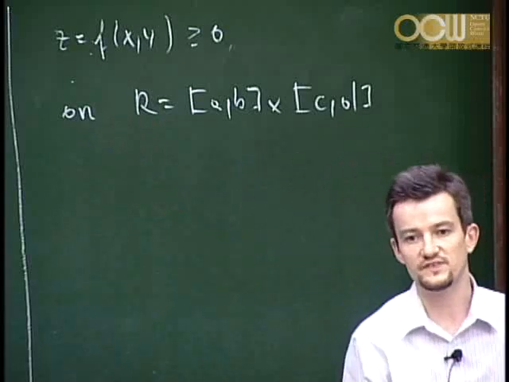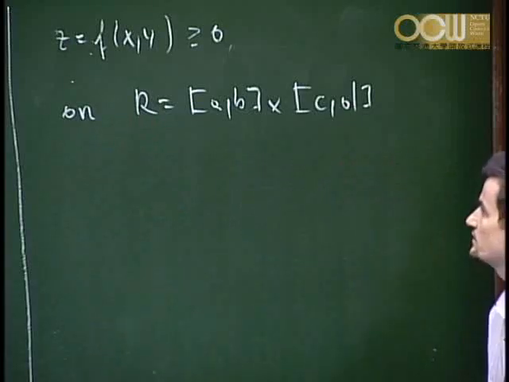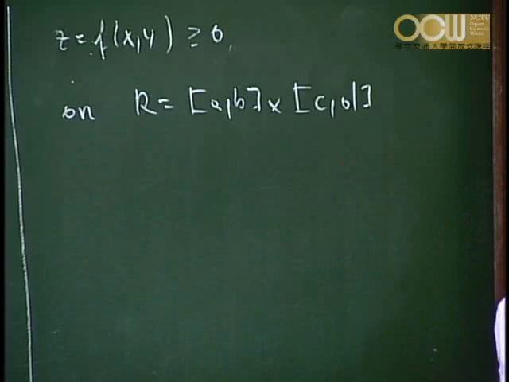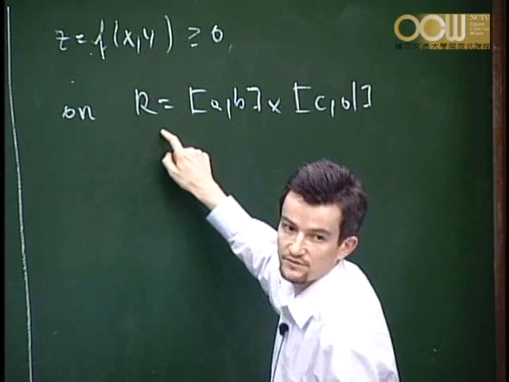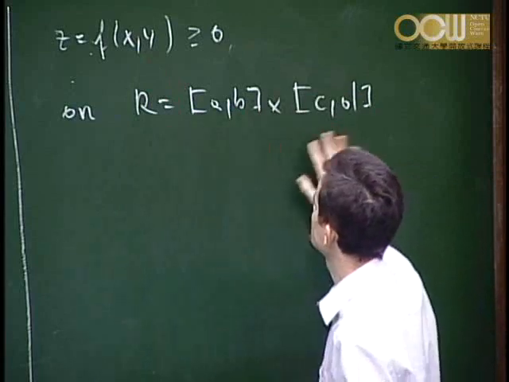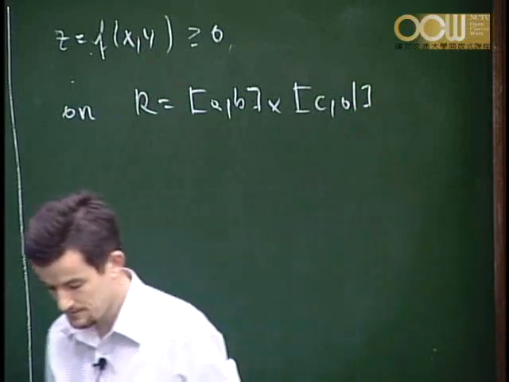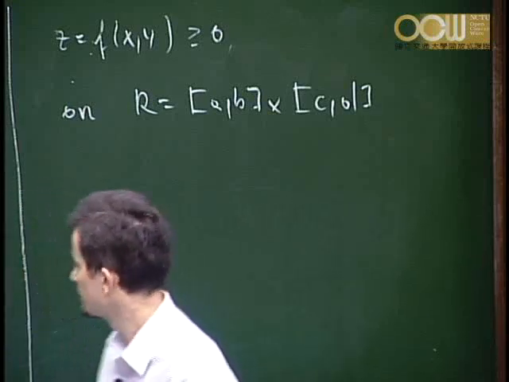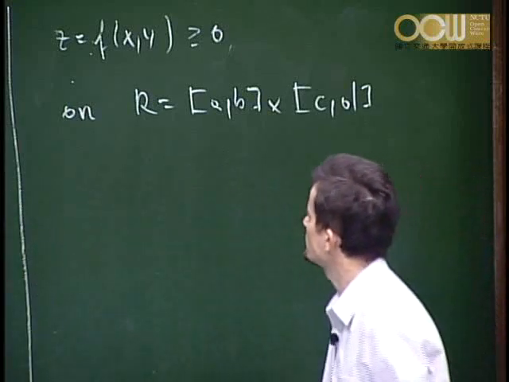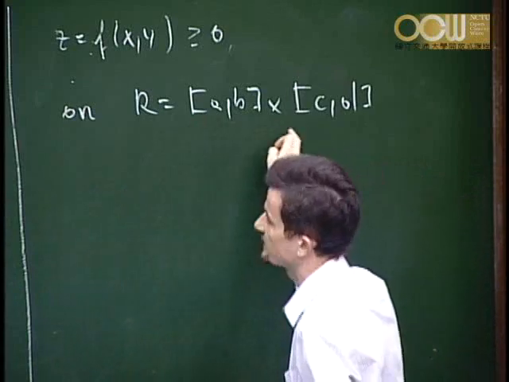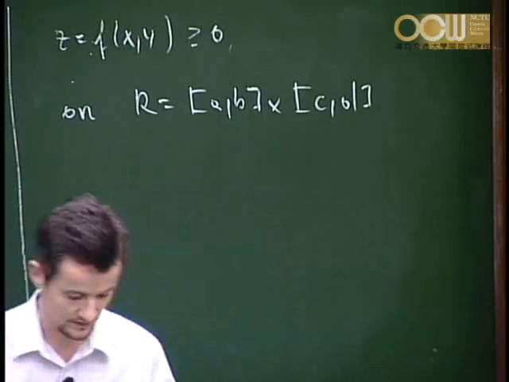What we are interested in is the volume of the solid which is below f and above this rectangle, bounded here by the cylinder, the cube given by this rectangle.